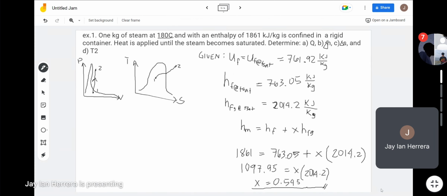Okay, next is, ano, pag 4 decimal na? Ano po sir, 1? So, given tayo ng, what do you call this?